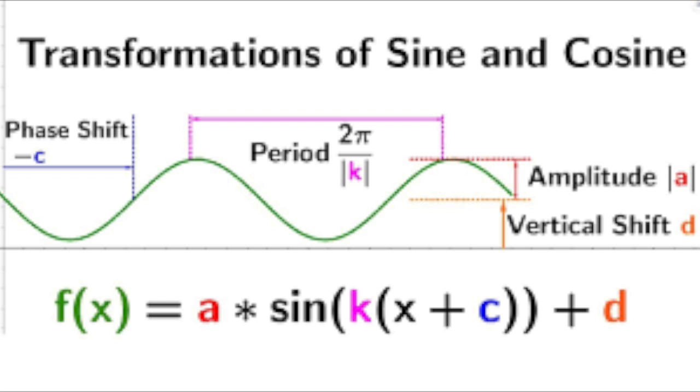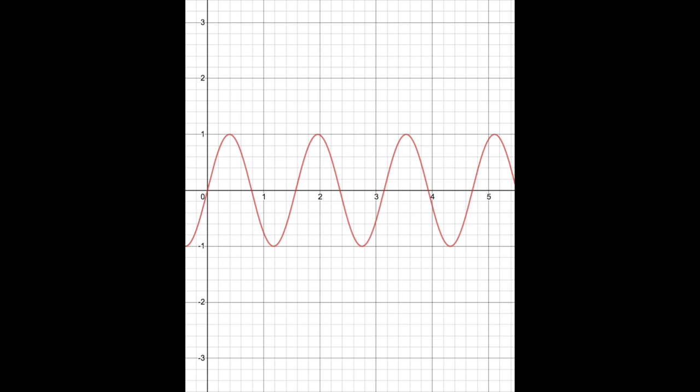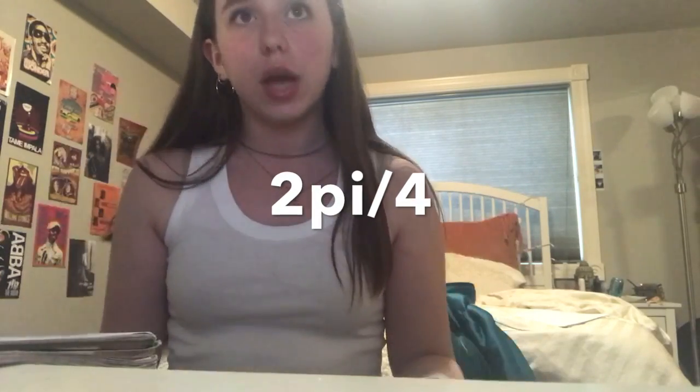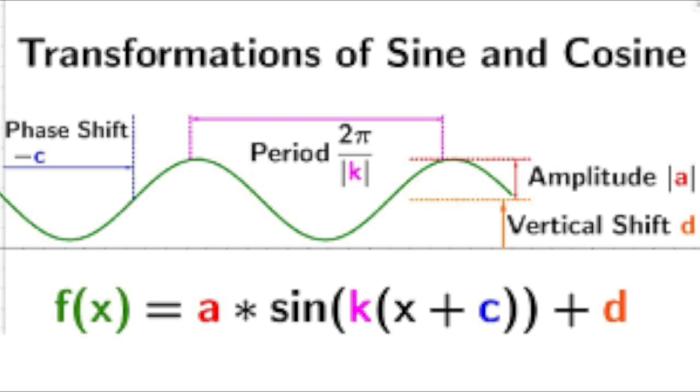So let's say you have y equals sine 4x. 4 is the B in this situation, so you plug that 4 into 2 pi over B, so 2 pi over 4, and then you get your new period. Now on to C. C is when you add to the x, the input, and C is going to be the phase shift.